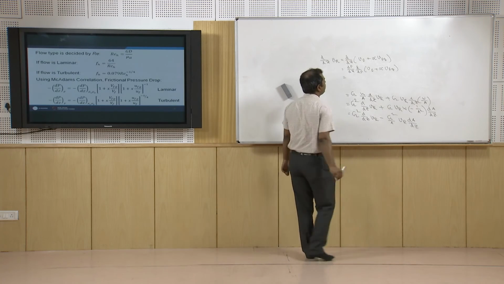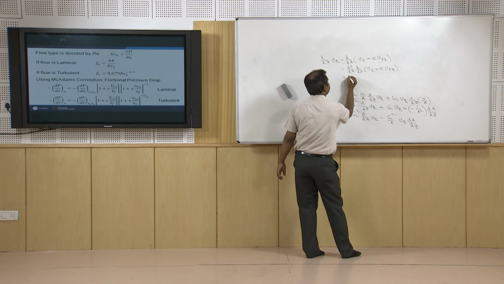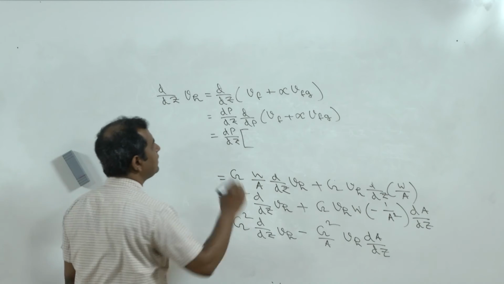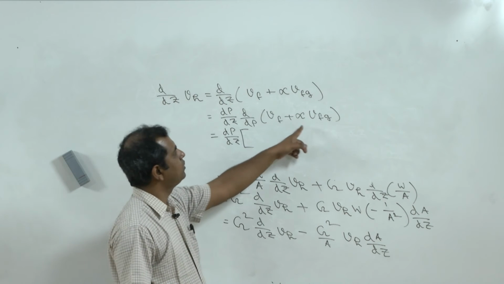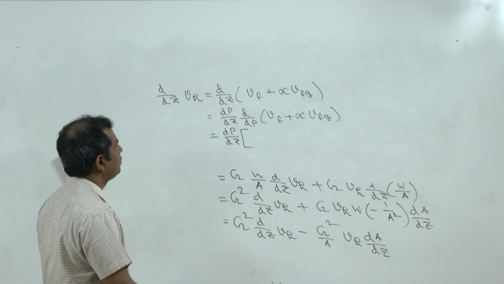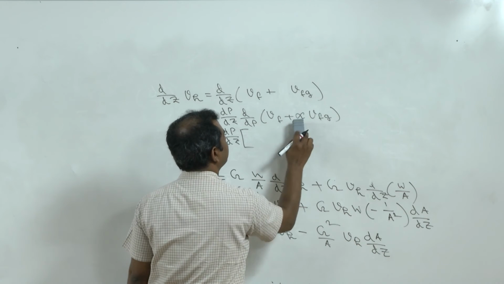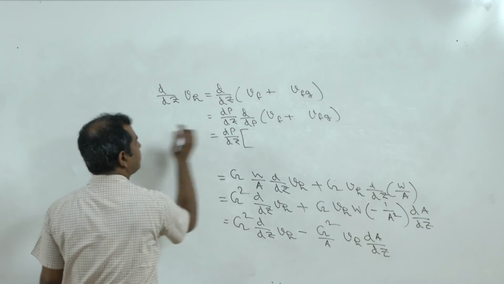So, let us try to do the differentiation first. What we will be finding out over here is dP/dz multiplied by, so here also we have to do it by parts. By the way, this will be in terms of x, not in terms of alpha.